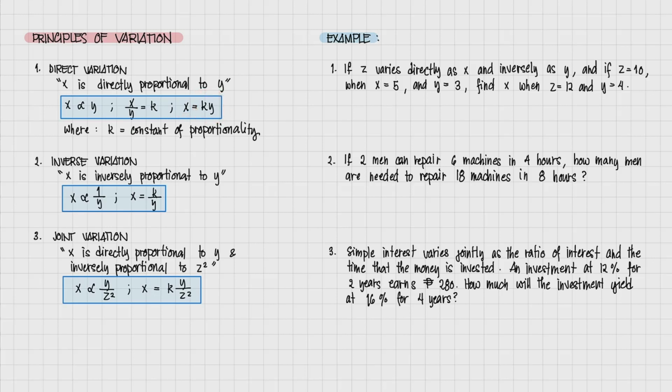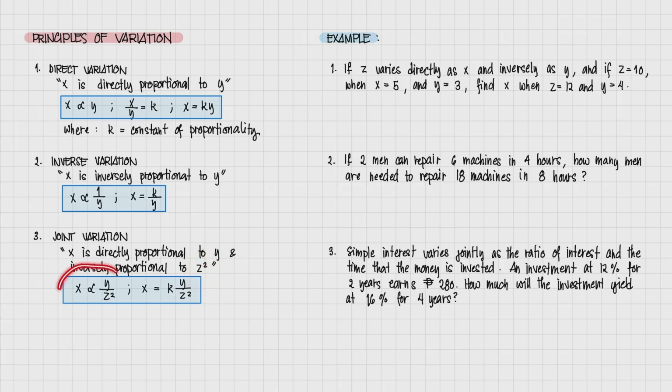Now for the inverse variation naman, we have here X is inversely proportional to Y, or this is the same thing, X is proportional to 1 over Y, or we could say that X is equal to K over Y. Now for joint variation, we say that X is directly proportional to Y and inversely proportional to, say, Z squared.